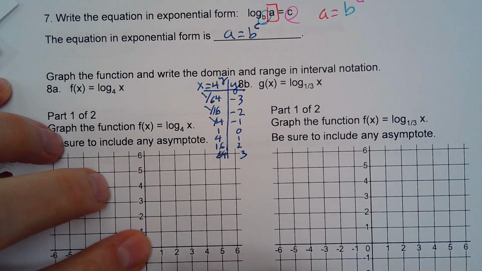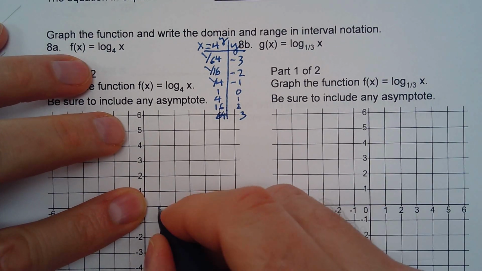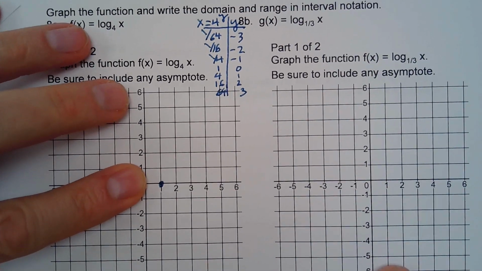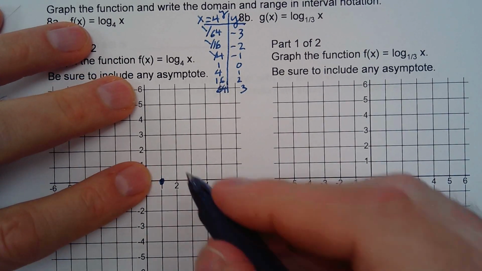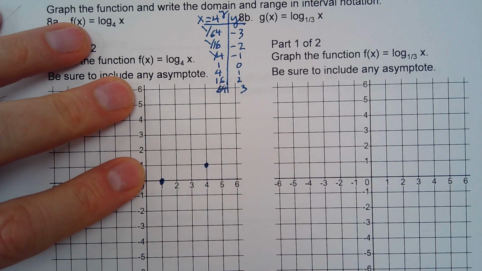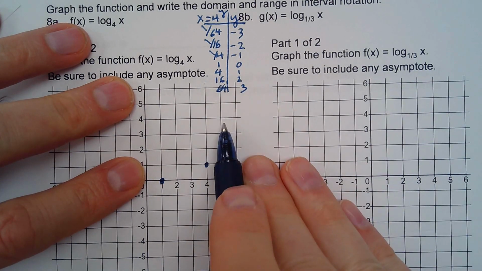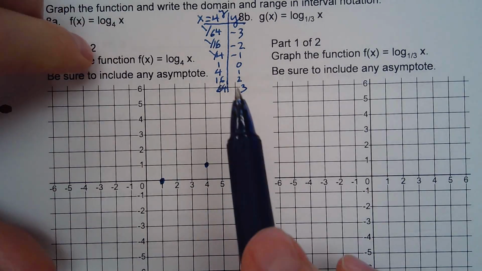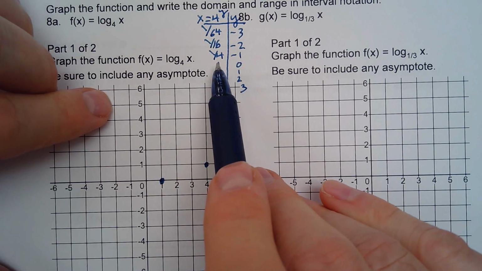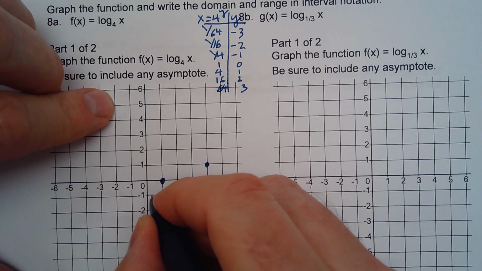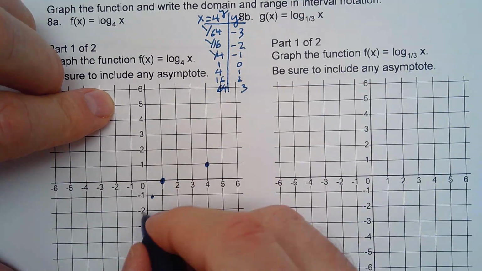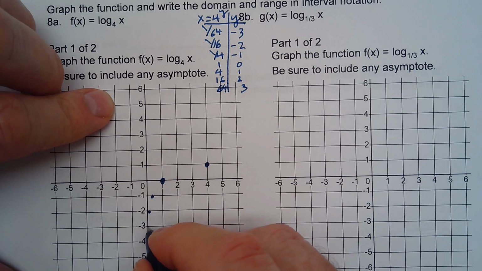So I'm going to plot 1, 0, 4, 1. Anything else is far off. And then I want to do 1/4, -1, 1/16, -2, so on and so forth.